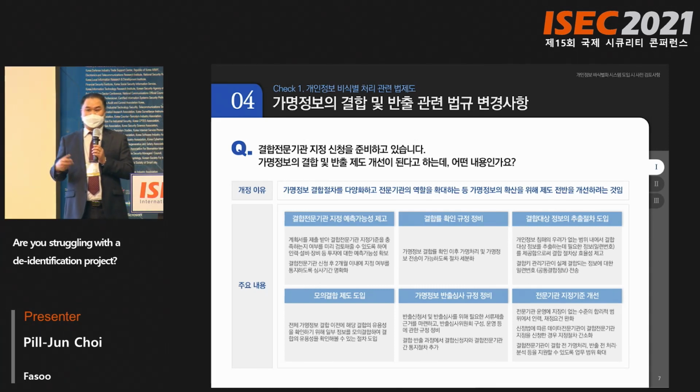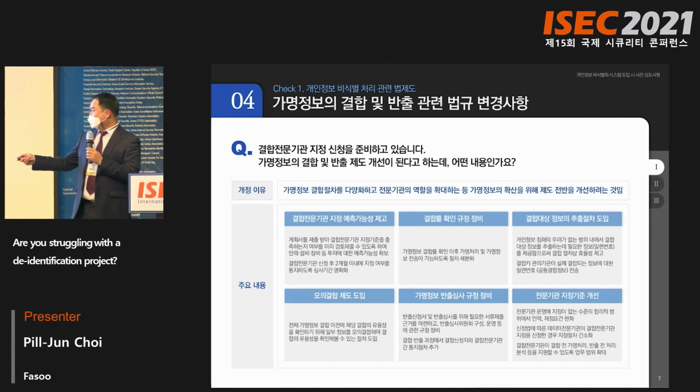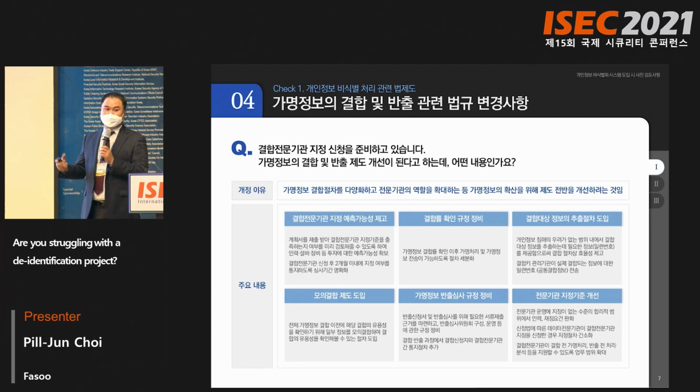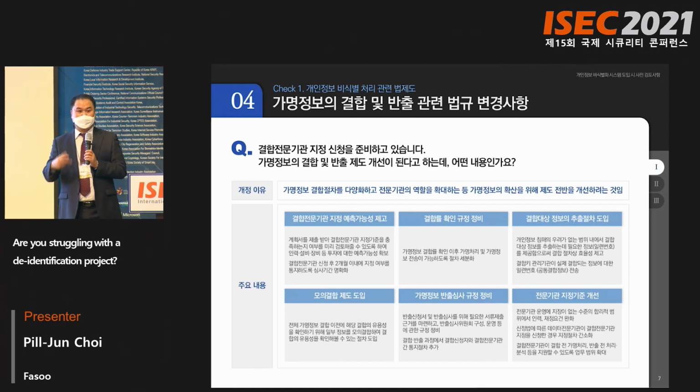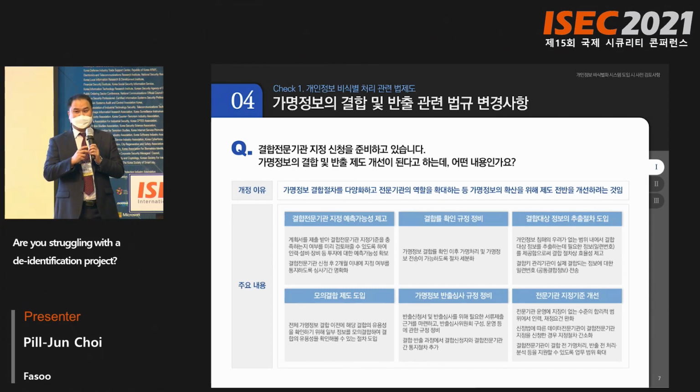And in the revision, the pseudonymous information withdrawal and retrieval regulation have been revised. It is related to the withdrawal review commission, its composition, and operation. The sixth revision point is to improve the designation procedures for professional organizations and their requirements for personnel and facilities, and the requirements are less tight.